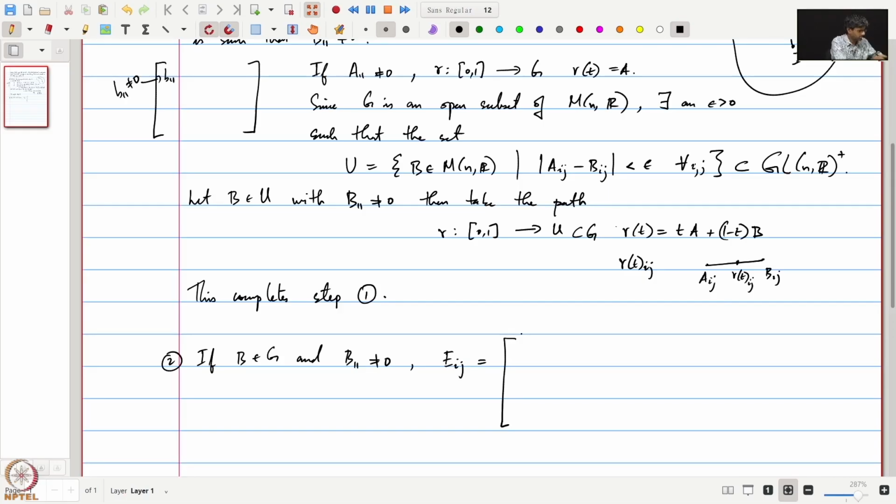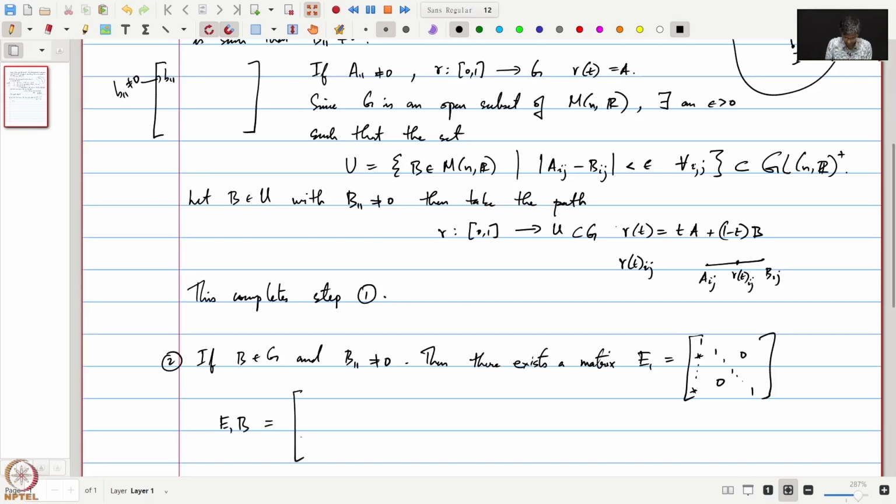Then there exists a matrix E1 of type 1, with 1s on the diagonal, some entries in the first column, and all other entries 0, such that when we multiply it on the left by B, all the entries in the first column except for the first one become 0.